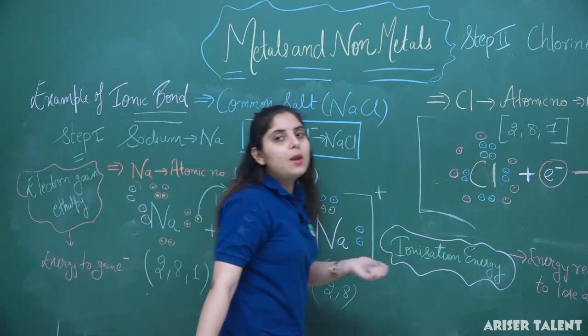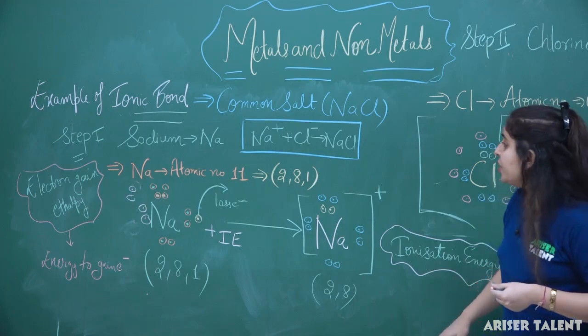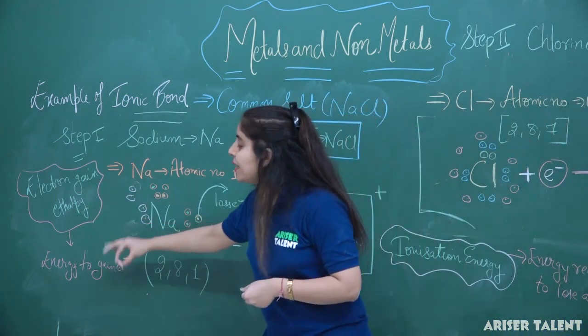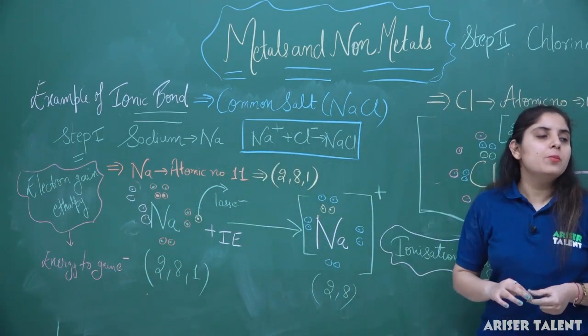So this is all about the two energies we have discussed here. Ionization energy is the energy required to remove an electron, and electron gain enthalpy is basically the energy to gain an electron. So this is all about how the ionic bonds are formed.